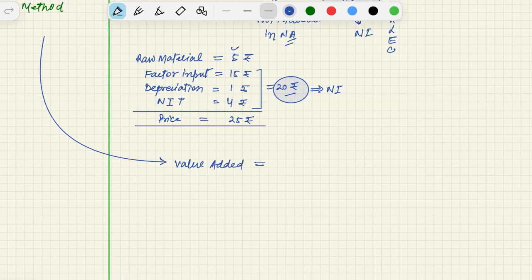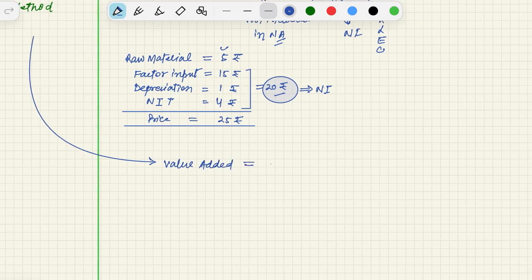How do we calculate the value added? We calculate it by subtracting the value of input, which is non-factor in nature, from the value of output. That means raw material.